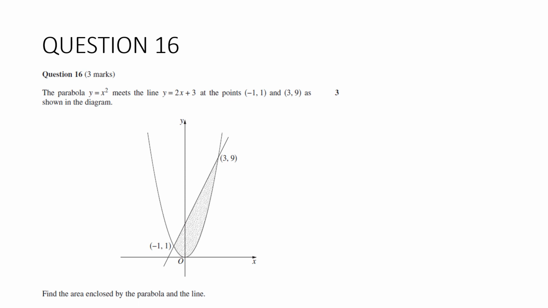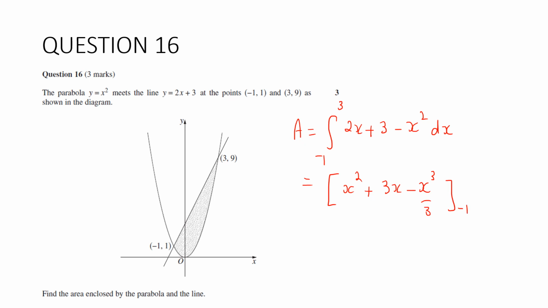Our area is going to be equal to the integral between -1 and 3 of the straight line, 2x plus 3, take away the parabola x squared, dx. Okay, let's integrate. We get 2x squared divided by 2, which is x squared, plus 3x, take away x cubed on 3, between -1 and 3. We substitute in the 3: 3 squared is 9, plus 3 3s are 9, take away 3 cubed is 27 on 3. Subtract.